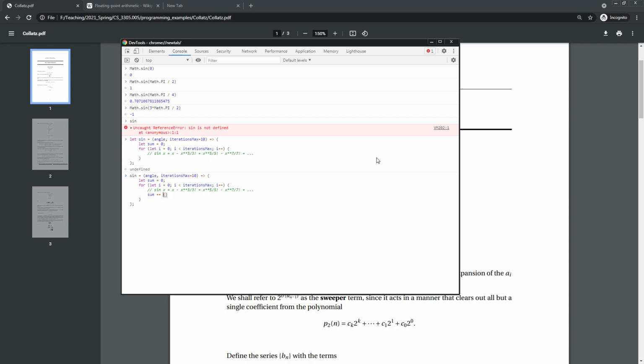So we know that x is going to be our angle, right? So it's angle, and it's going to be raised to whatever this power is.